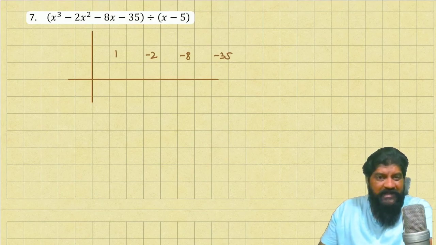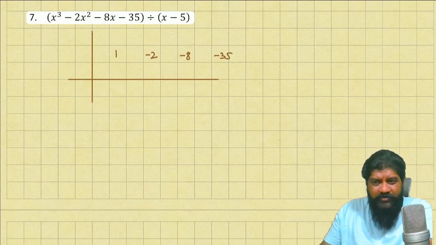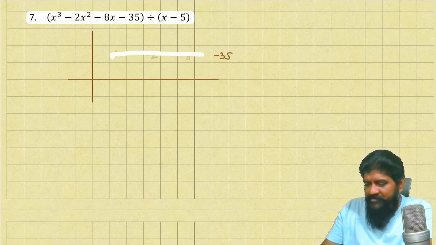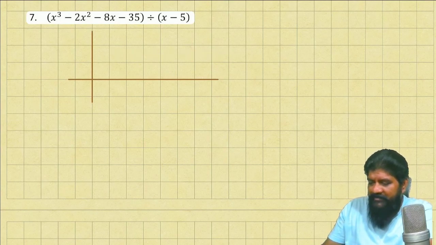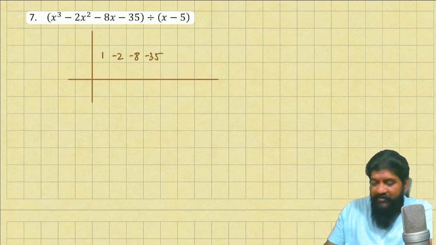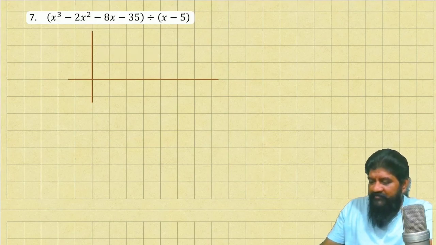I'm just spacing it a bit so that it's easy for you to understand. Otherwise, you don't need to space it this much. Once you get used to the method, probably you can write it smaller and closer. That is only once you get used to it. For now, I will take the liberty of spacing it a bit further away.